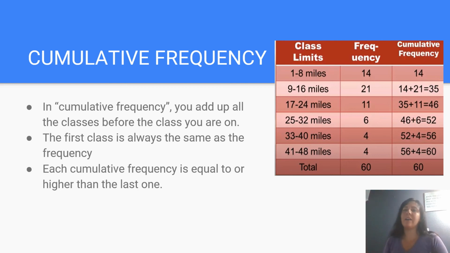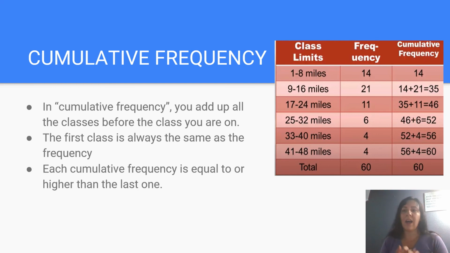It's kind of like rolling a snowball: you have your snowball and then you add more to it when you roll it, and then you roll it again and add more, and you just keep going until it's big and it's a sum of everything. That's kind of what cumulative frequency is.